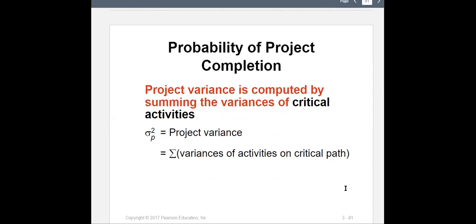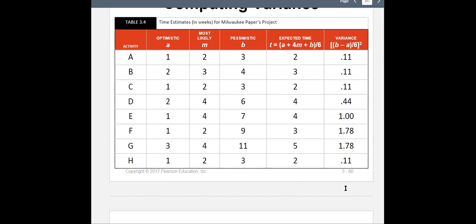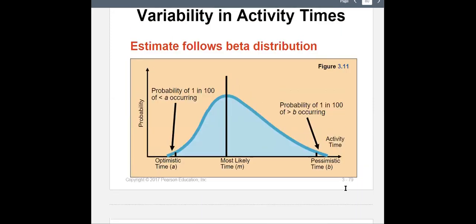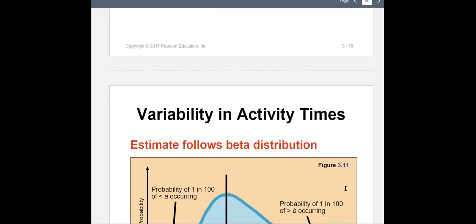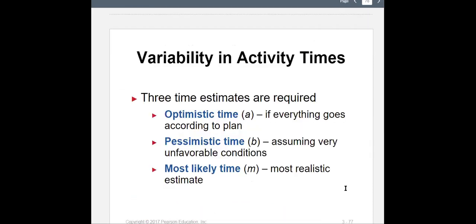Yeah, so the project variance is computed by summing the variances of critical activities, right? Not all activities are critical. So which ones were critical? How do we know which ones are the criticals? Let's go back and see which one is critical.